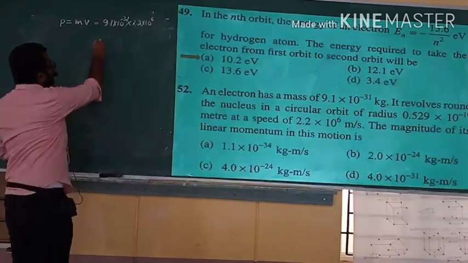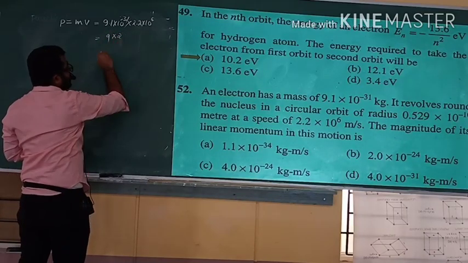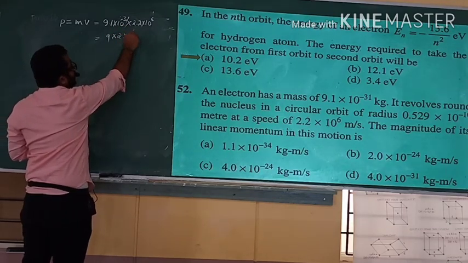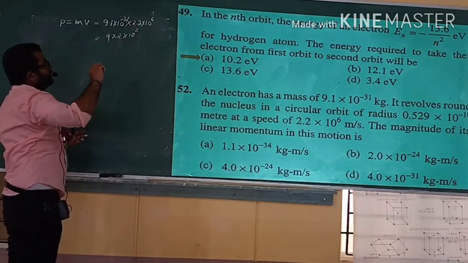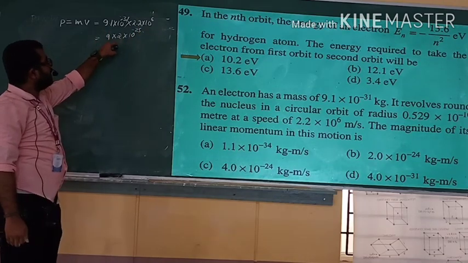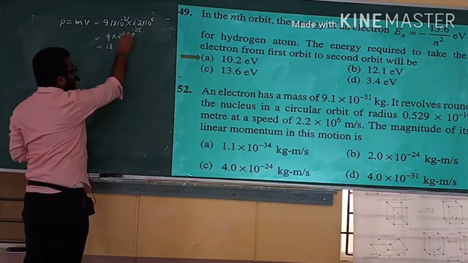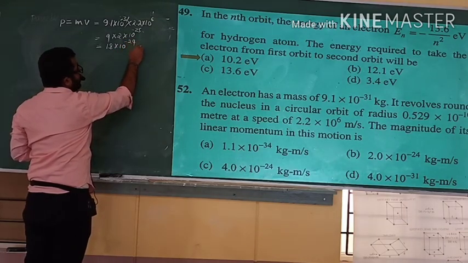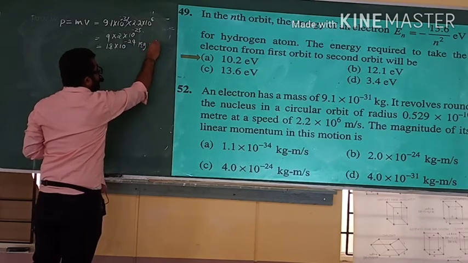Roughly, I will take 9.1 as 9 and 2.2 as 2. Powers: 10 to the power minus 31 into 10 to the power 6 gives minus 25. So 9 into 2 is 18, and taking the decimal into account it will be 1.8 into 10 to the power minus 24 kg meter per second.